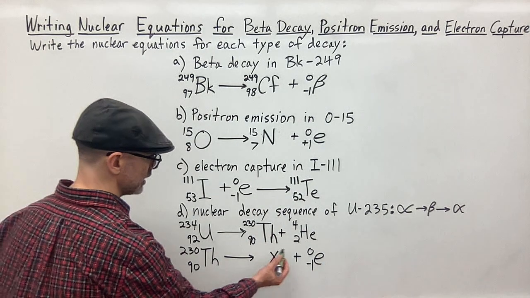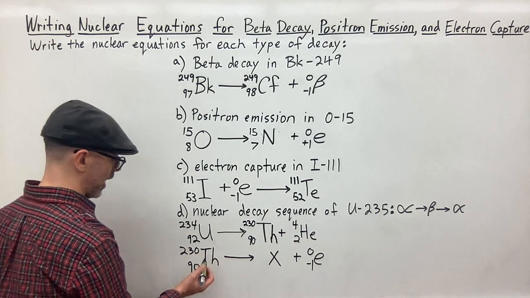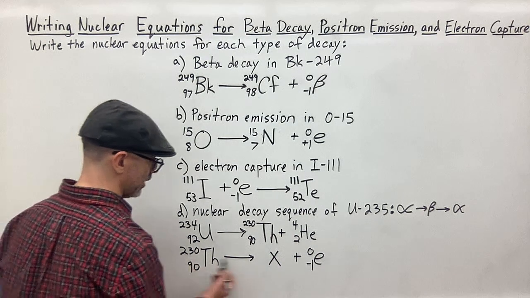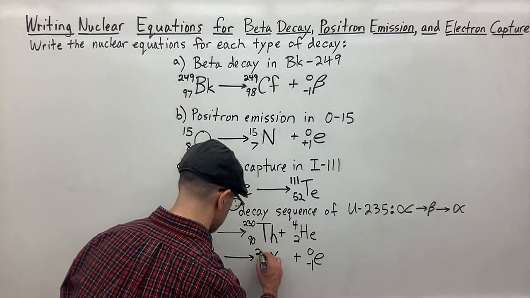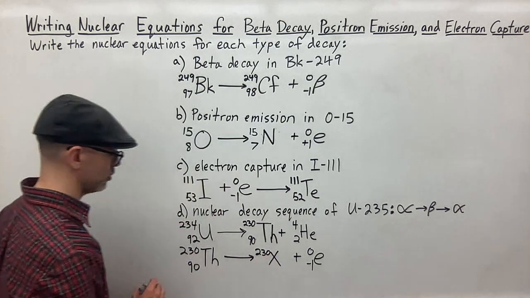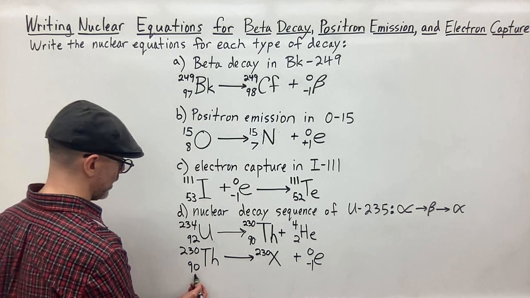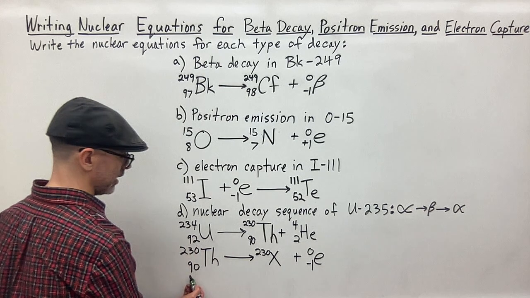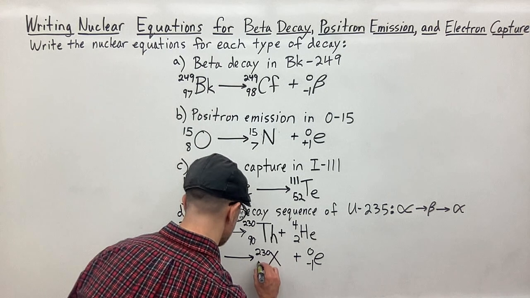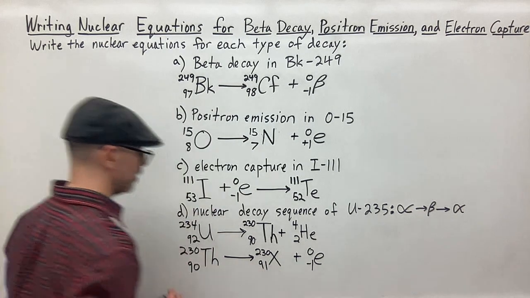So now I just need to balance the numbers on both sides. So 230 on this side, 0 plus what gives me 230? Well, 230. So it stays 230 on top. And then 90 on this side, -1 plus what gives me 90? Well, that's going to be 91.